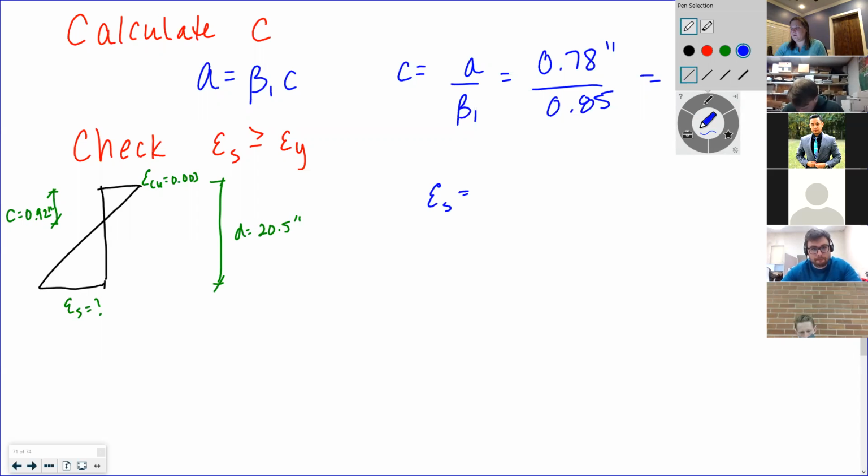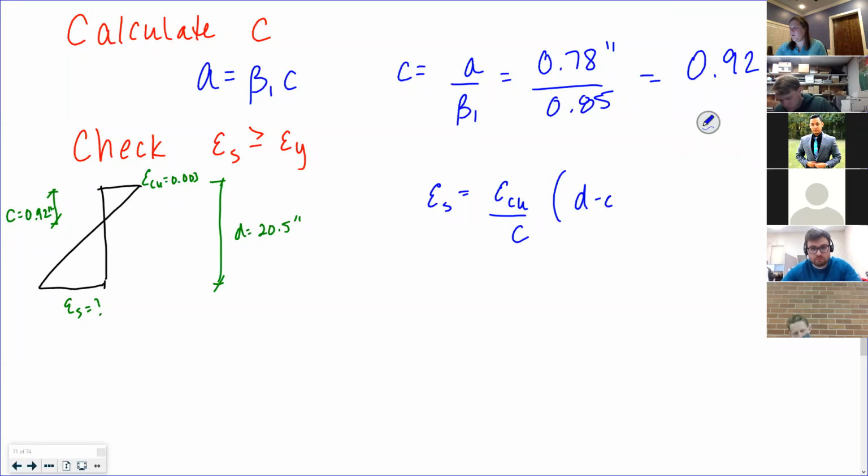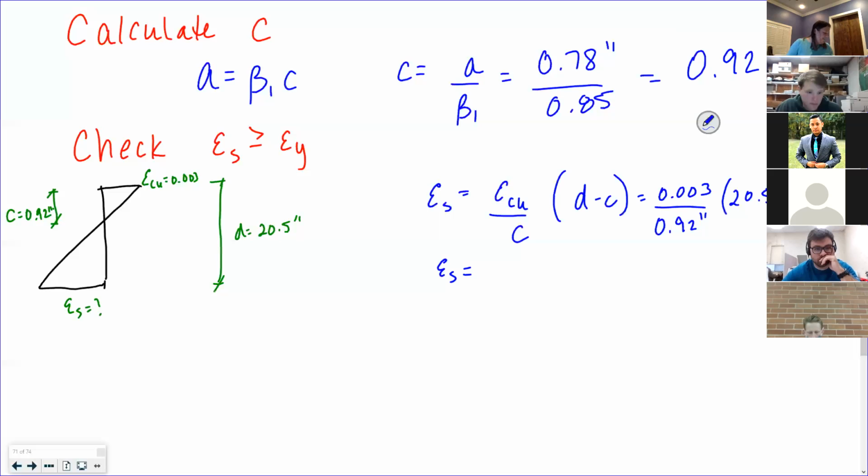Epsilon S equals epsilon CU over C times D minus C. Given how tiny that stress block is, it's less than an inch, by a long shot. Is it 0.064?